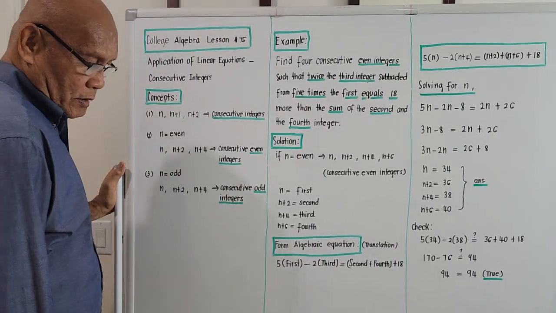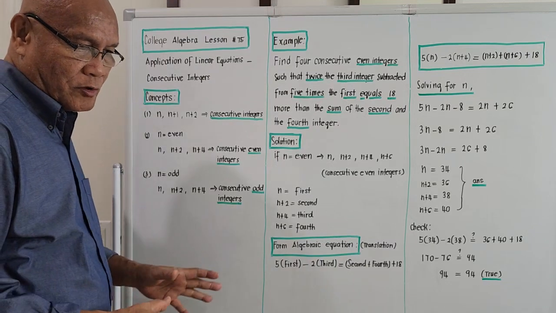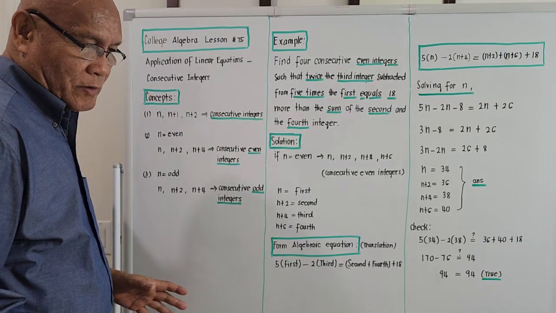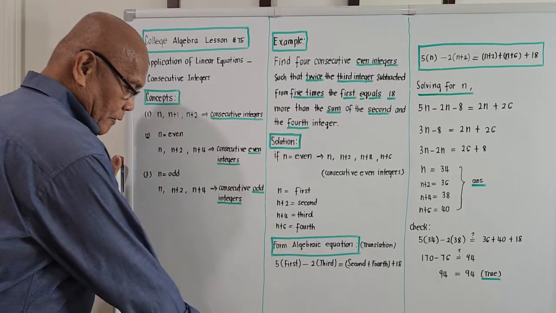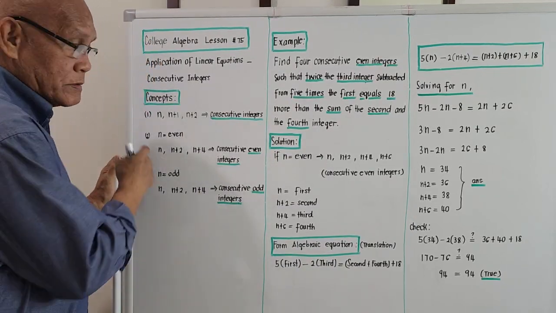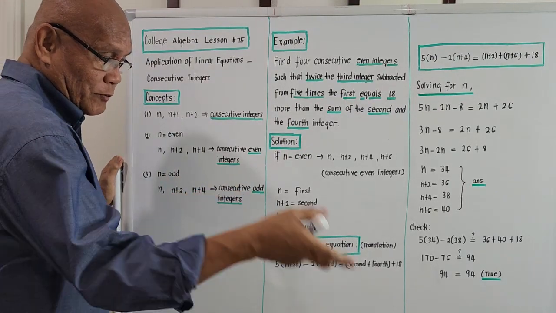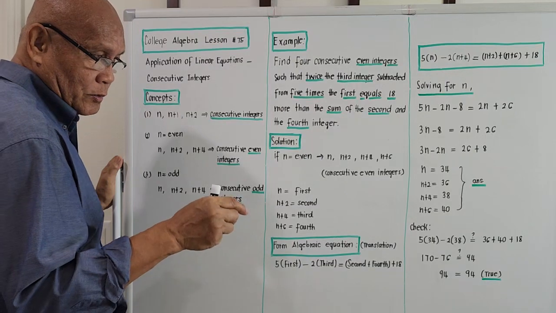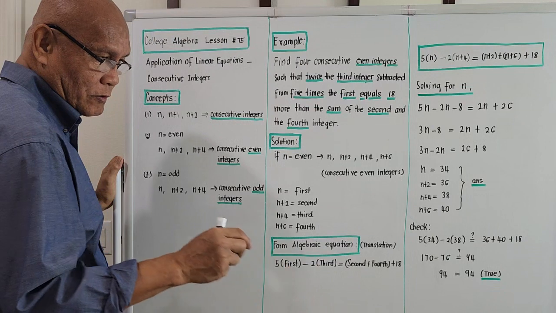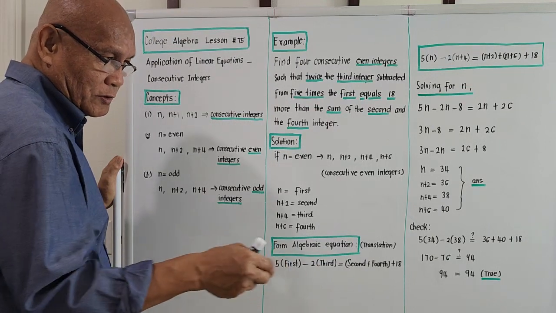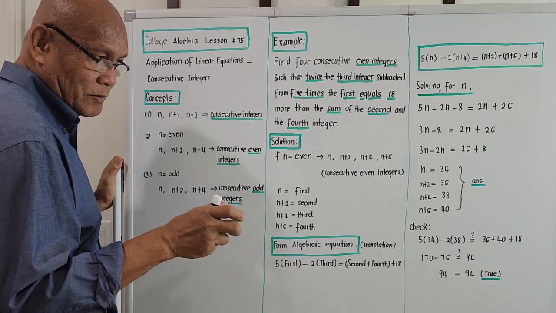There are actually concepts on how to attack problems under consecutive integers, and there are three concepts needed here. Number one, if we are to look for a consecutive integer without specifying whether it is an even consecutive integer or odd consecutive integer, there is a concept to follow.